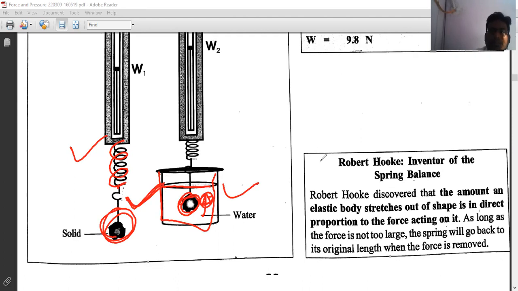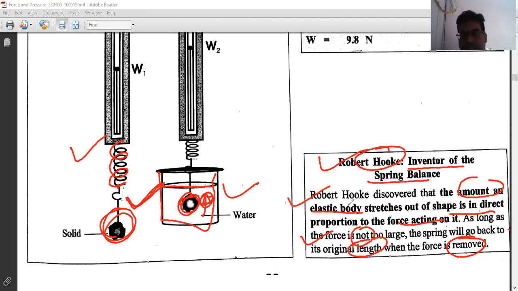And this was done by Robert Hooke, inventor of the spring balance. Robert Hooke discovered that the amount an elastic body is stretched out of shape is proportional to the force acting on it. So as long as the force is not large, the spring will go back to the original length when the force is removed. So this was done by Robert Hooke, right?